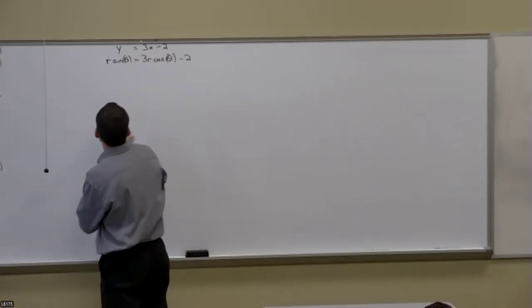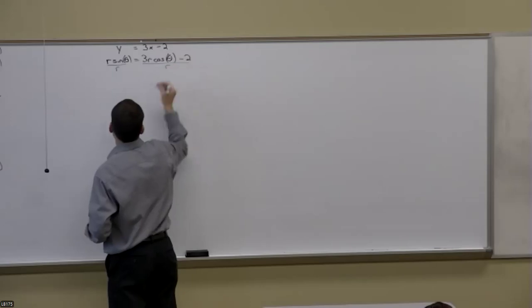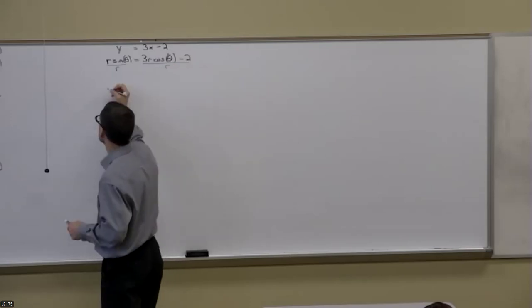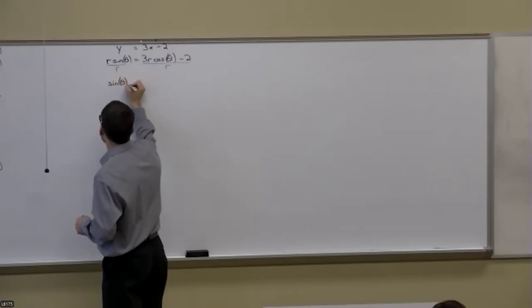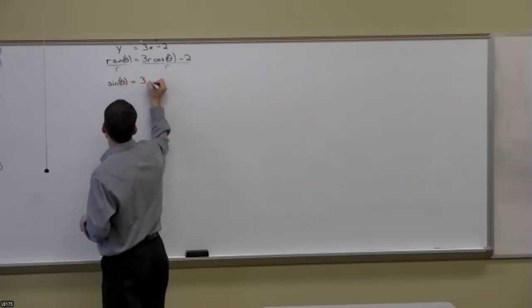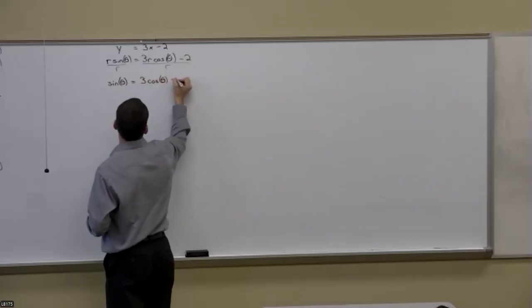The other thing we could have done at this stage is divide everything by r, giving me sine of theta is equal to 3 times the cosine of theta minus 2 divided by r.